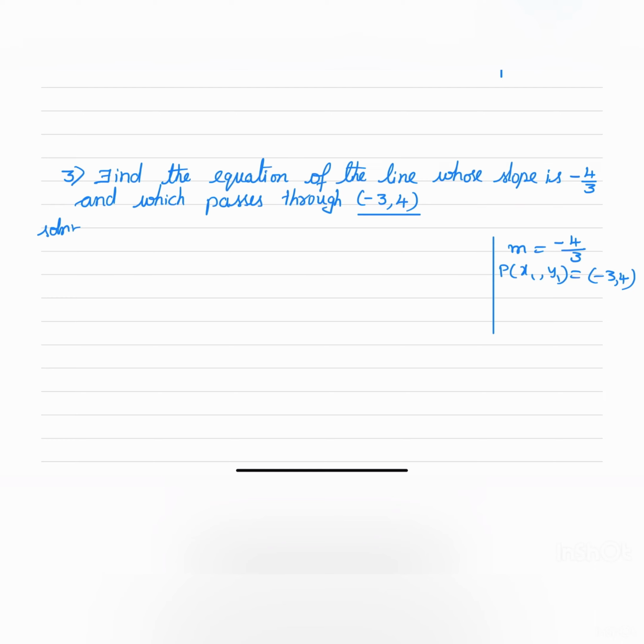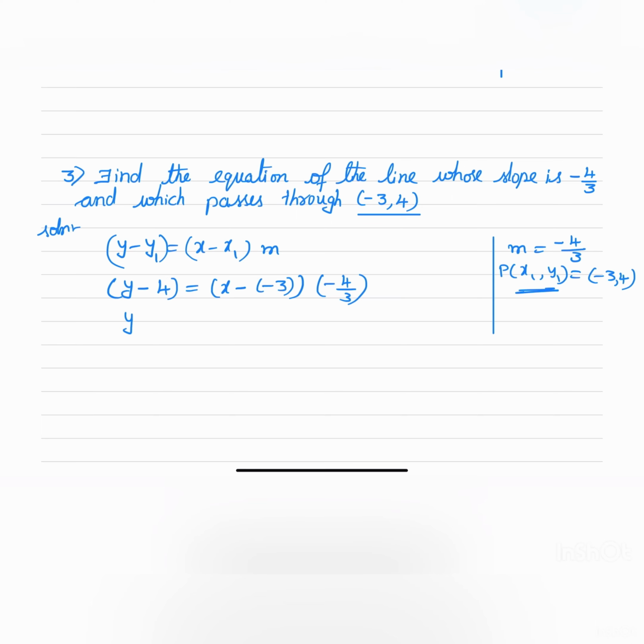For this, the equation is y minus y1 is equal to m into x minus x1. Now we have x1, y1, let us substitute those values in the equation. y minus 4 is equal to m times x minus x1, where x1 is minus 3 and m is minus 4 by 3.